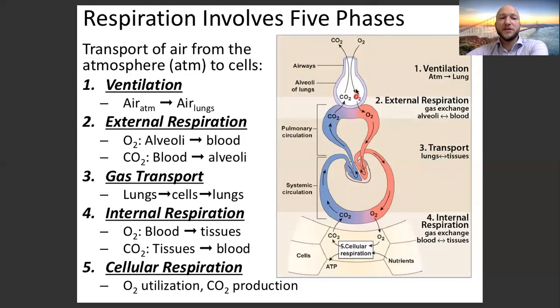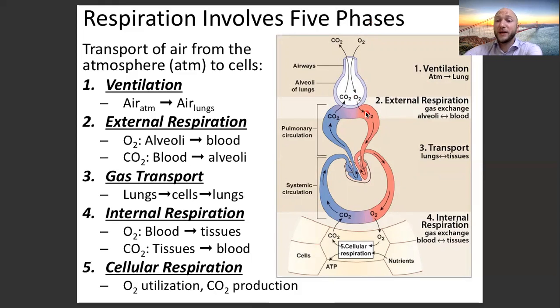That's ventilation, bringing O2 into our lungs. We then need external respiration. External respiration revolves around O2 moving across the alveolar membrane and into our pulmonary capillaries. Alveoli to blood, external respiration.